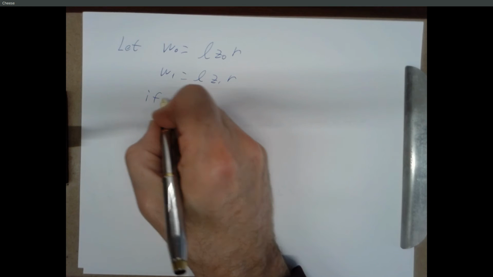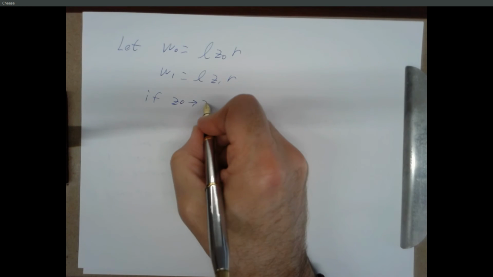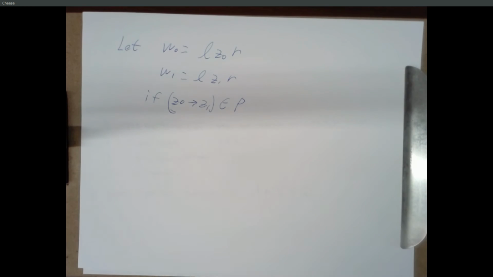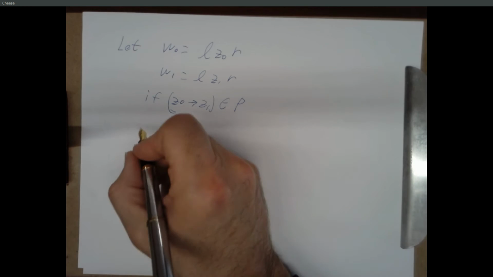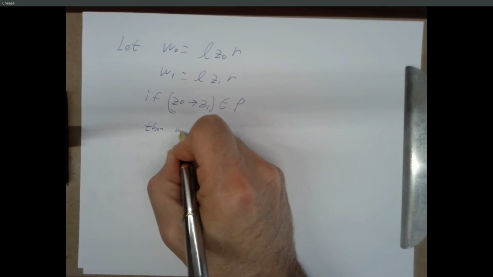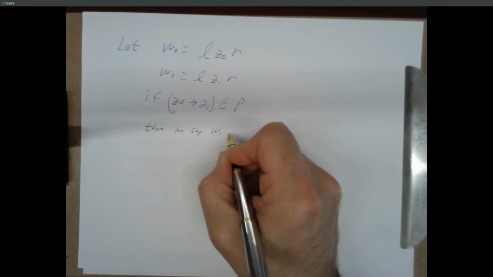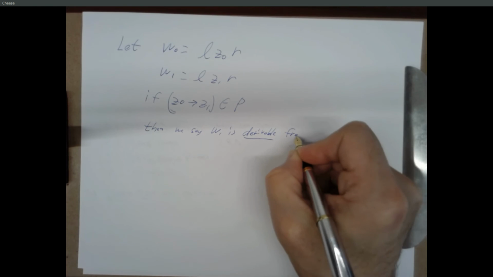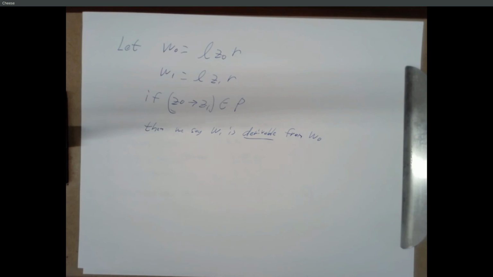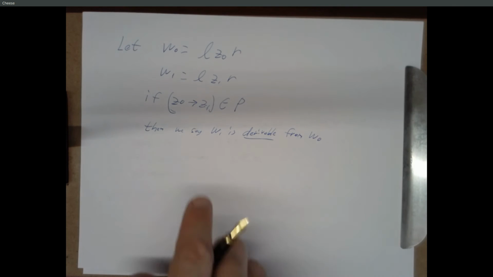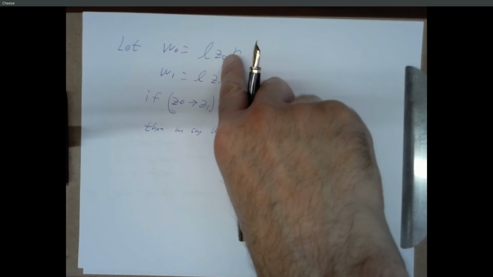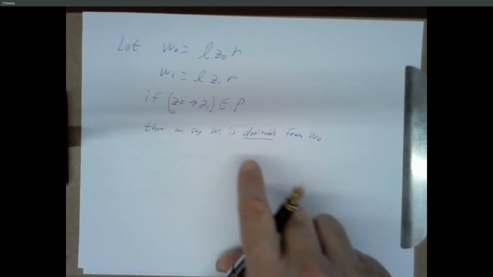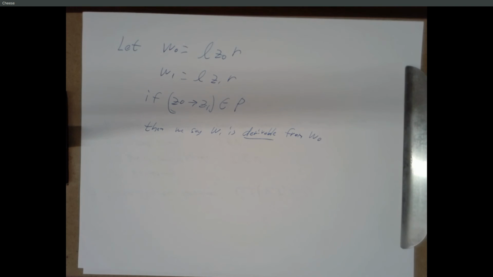Okay, if Z0 changes into Z1 is a member of our set of production rules, then we say W1 is derivable from W0. In other words, once we start with W0, if we have a rule that says Z0 can be replaced with Z1, then this new string W1 with the Z1 in the middle is derivable from W0.